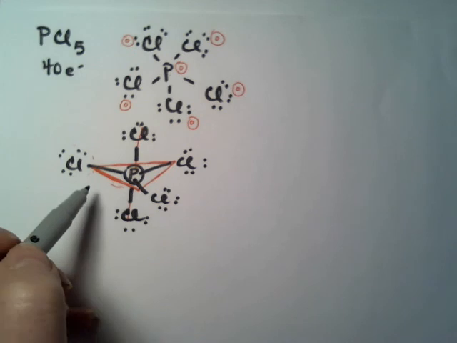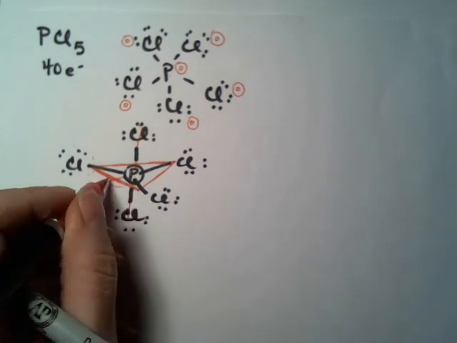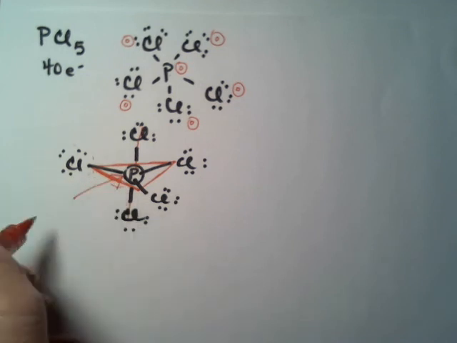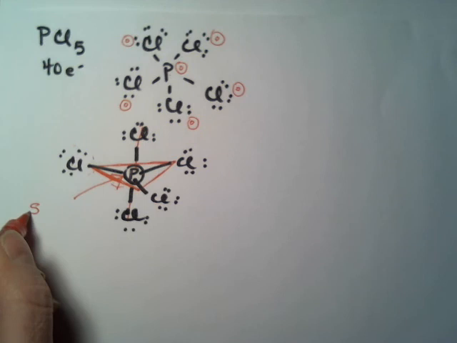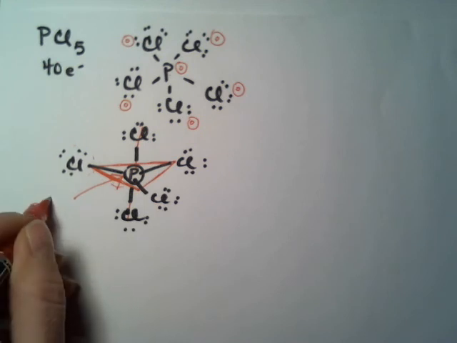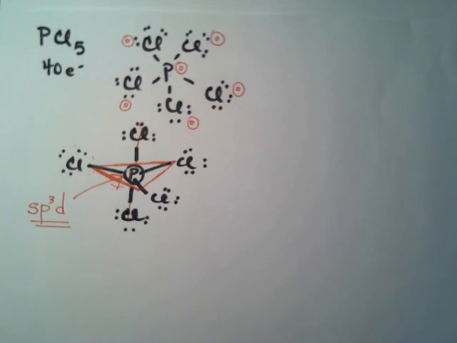And the hybridization state of this central atom phosphorus is what? I need 1, 2, 3, 4, 5. So this is S, there's 1, P3, that's up to 4, D. So that is my hybridization state of phosphorus. Great.